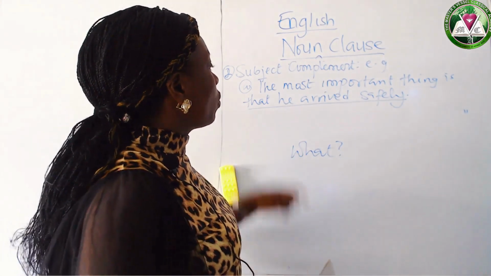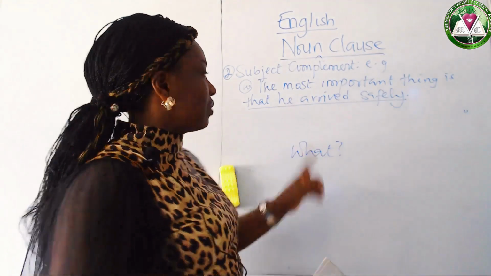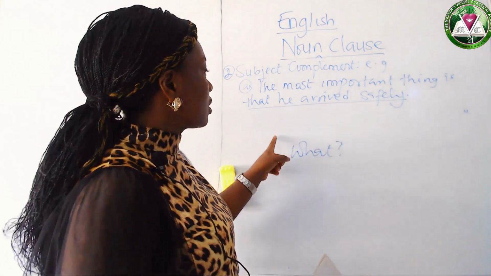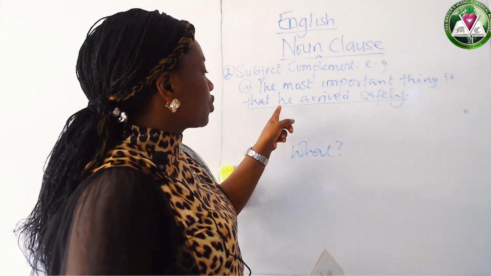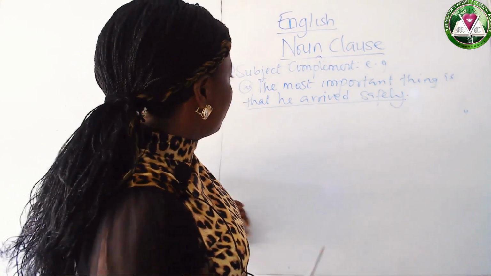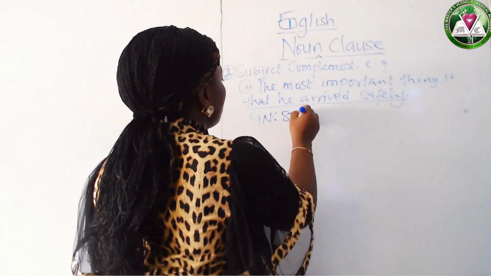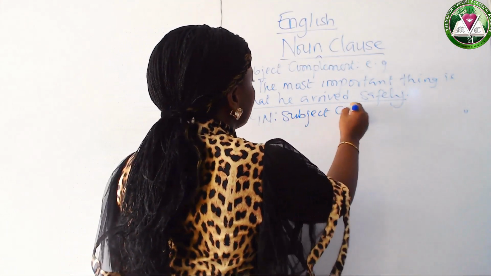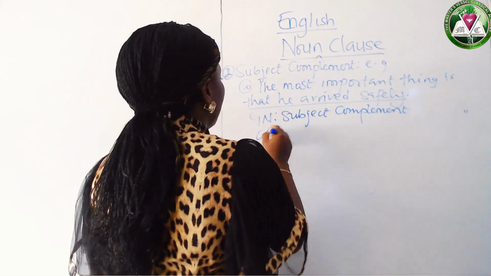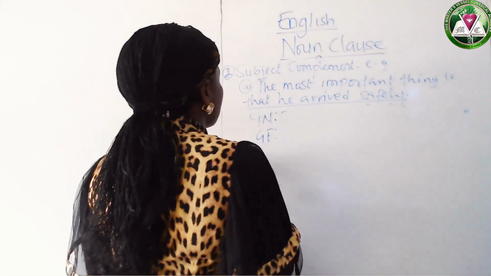Now look at this. What is the most important thing? The most important thing is the same thing as the fact that he arrived safely. And that gives us the noun clause, which is that he arrived safely. Okay. Now we have our GN, noun clause.